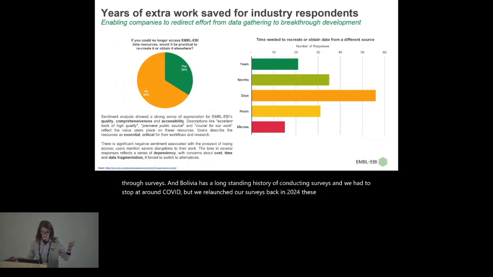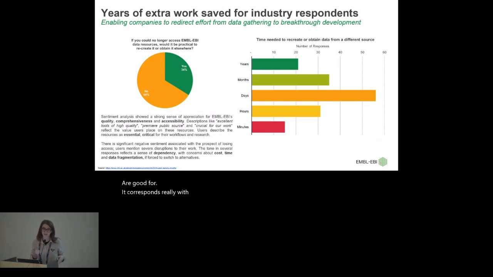These are the findings that came up from this survey last year. We had over 2,300 responses, which I believe is quite good, and it corresponds really with our user base. It had good representation, not only geolocation-wise, but also across sectors and across scientific domains.